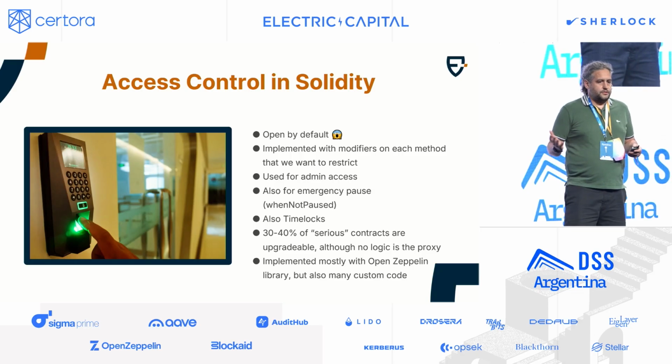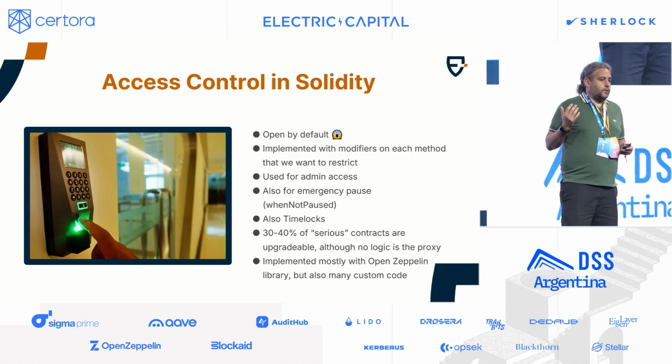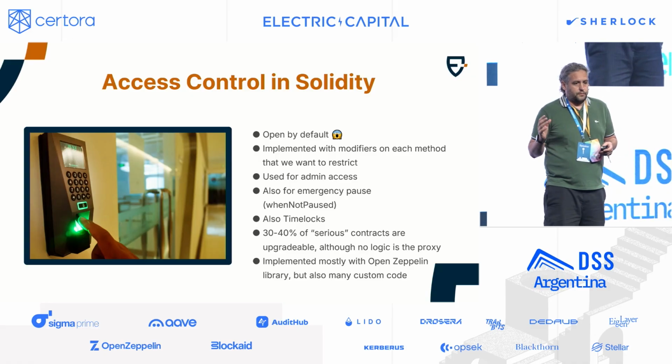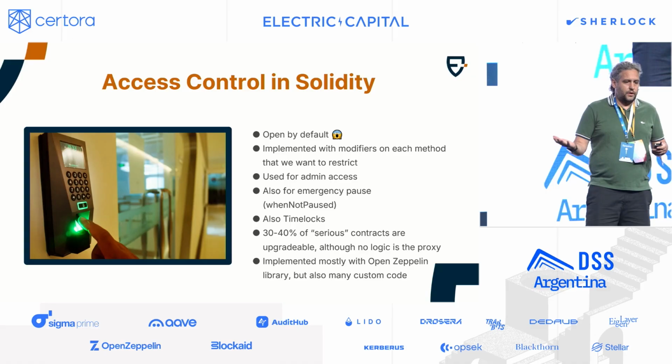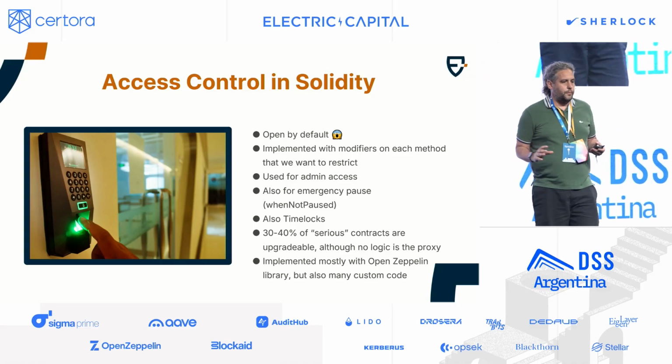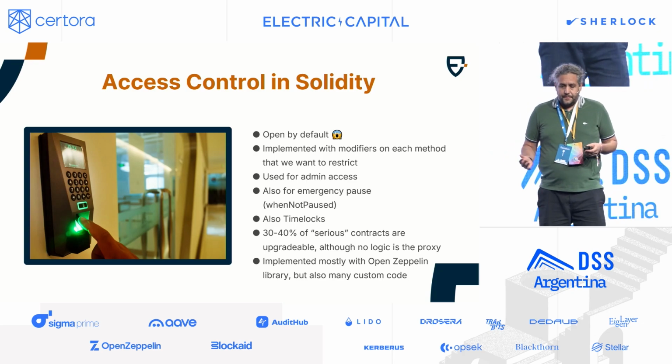Typically, access control is used to restrict some operations to administrative access, like different roles. But it's also used for emergency pauses, like pausing specific methods. Part of the access control scope is also defining time locks.